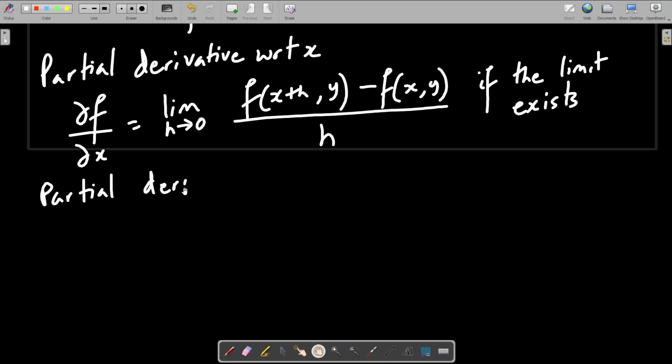In the same way, we can have a partial derivative with respect to y.